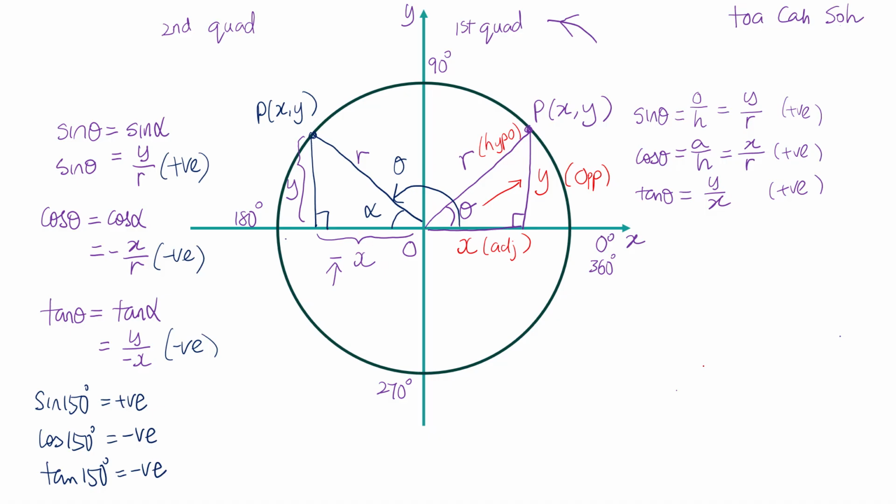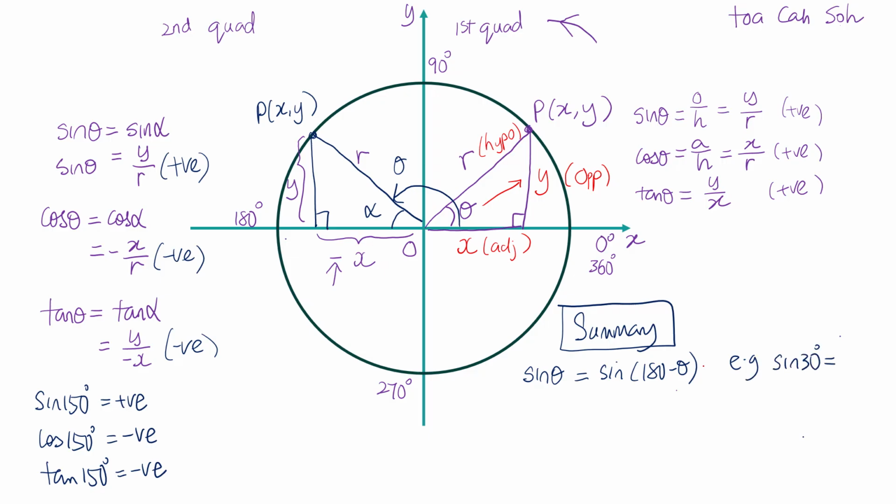Right, so from this observation, we can do a summary. What is a summary? It means that the ratio for sine theta will be the same value as the ratio for sine 180 minus theta. Example, sine 30 will be the same value as sine 150. The ratio for cosine theta will be negative cosine 180 minus theta.